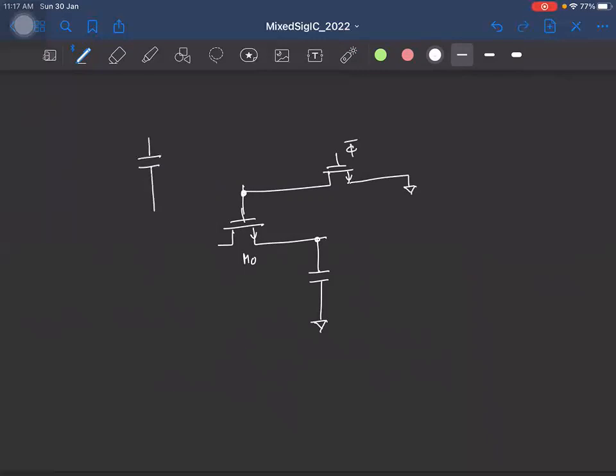and we have a capacitor here whose bottom plate is connected to ground when again phi is low, right? And the top plate needs to be connected to VDD, and this switch is connected to the gate of the main switch.